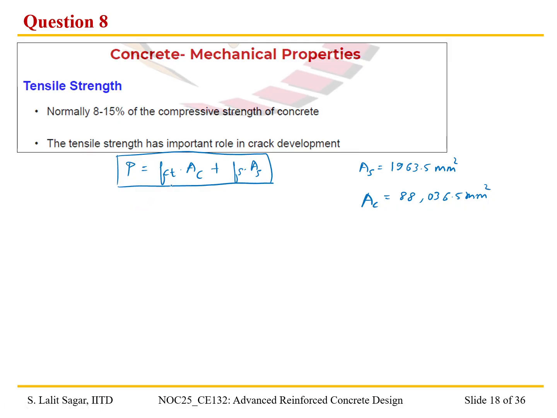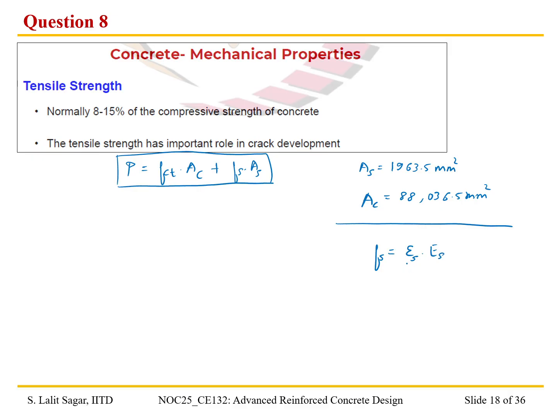Now we know the value of FCT, we know the value of AC, so we know the value of AS also, but we need to determine the value of Fs. How do we get the value of Fs? Fs is equal to epsilon S, that is the strain in steel, into the modulus of elasticity of steel.